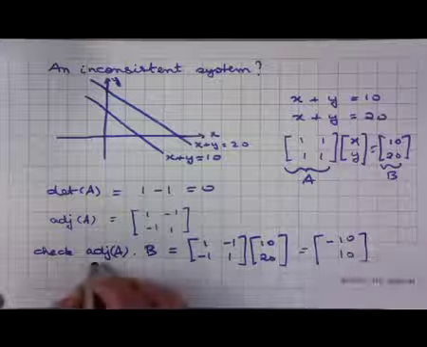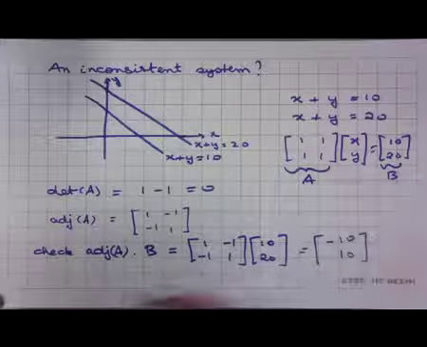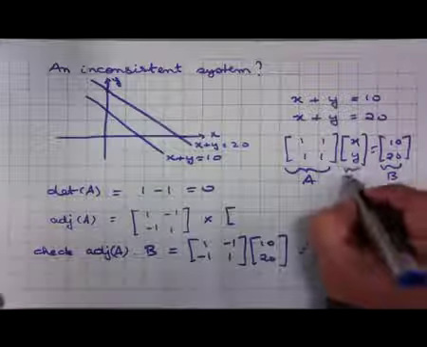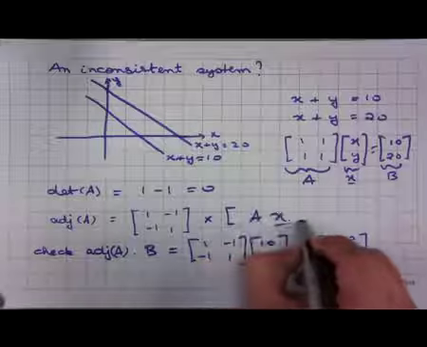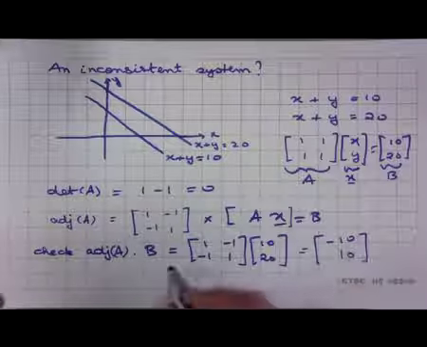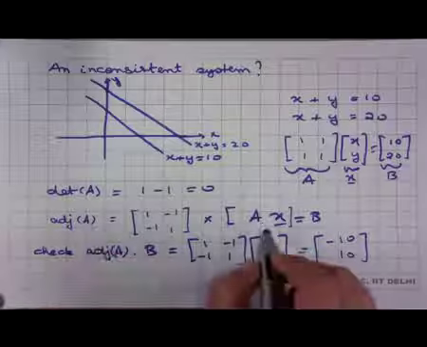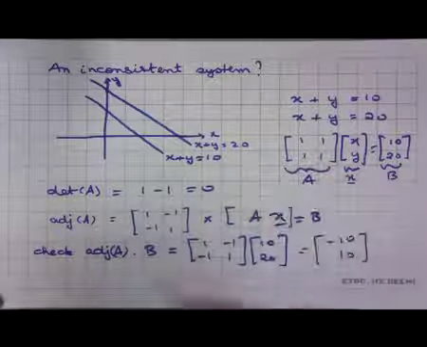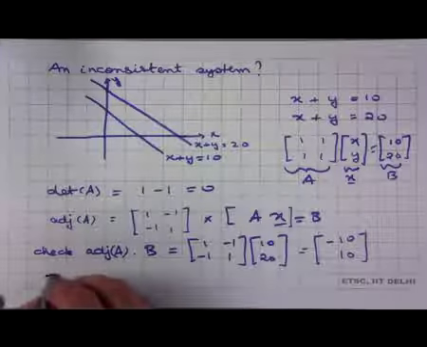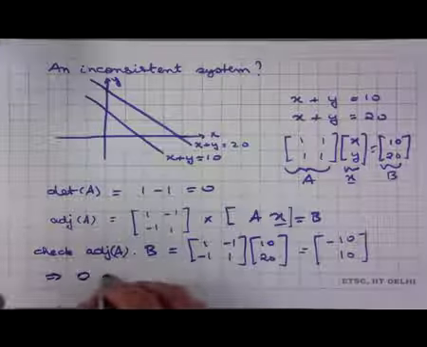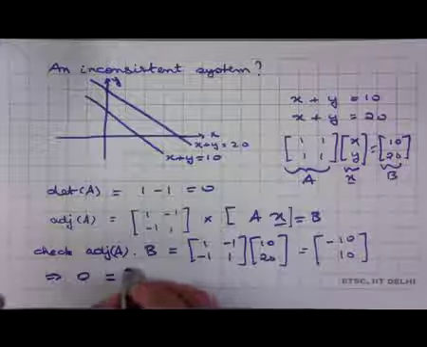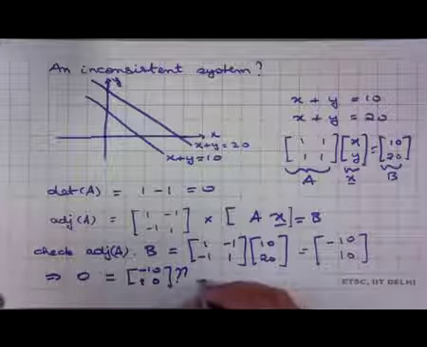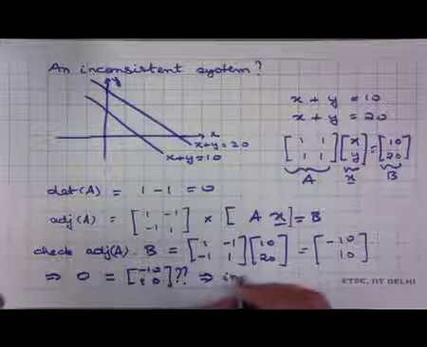So, we have a situation where the right hand side of the equation, which we obtained by multiplying adjoint of A times A x bar equal to B, is non-zero, but the left hand side is zero, because adjoint of A times A is 0. We can check that directly here. So, this will come up with a situation where 0 is equal to something which is not 0. This does not make sense, and that is why we labeled it inconsistent.